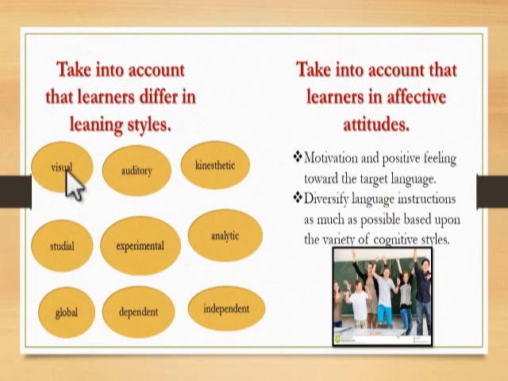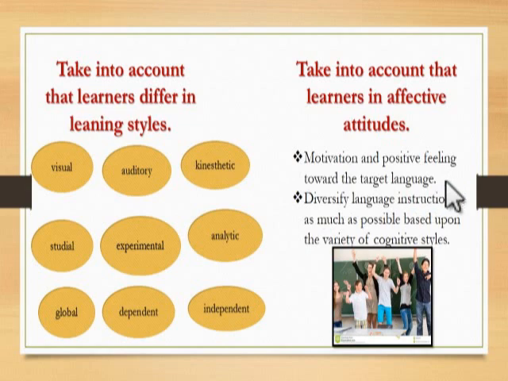Okay, we have to take into account that learners differ in learning styles. We have the visual, auditory, kinesthetic, stylical, experimental, analytic, global, dependent, and independent. These are the different kinds of learning styles that we can find in each student, and we have to know the difference among them. Take into account the learners' affective attitude: motivation and positive feeling toward the target language.